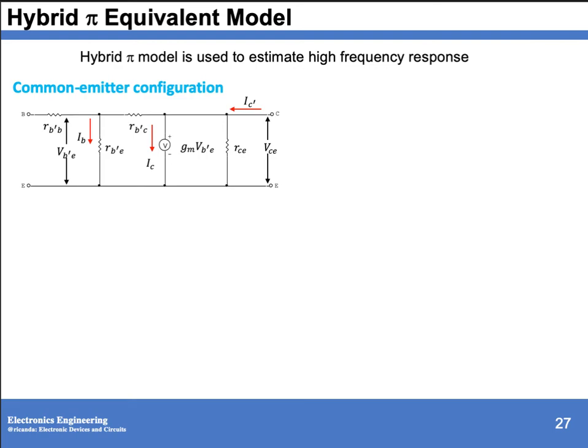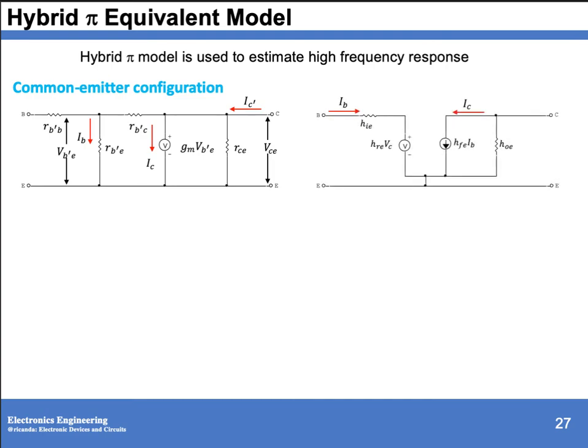This common emitter configuration of a hybrid pi equivalent model is also in relation with your complete hybrid model. So solving for the resistive values of your hybrid pi model, we also need the complete hybrid model. For RB'B, which is your base spreading resistance, it is related to your h parameter, HIE.